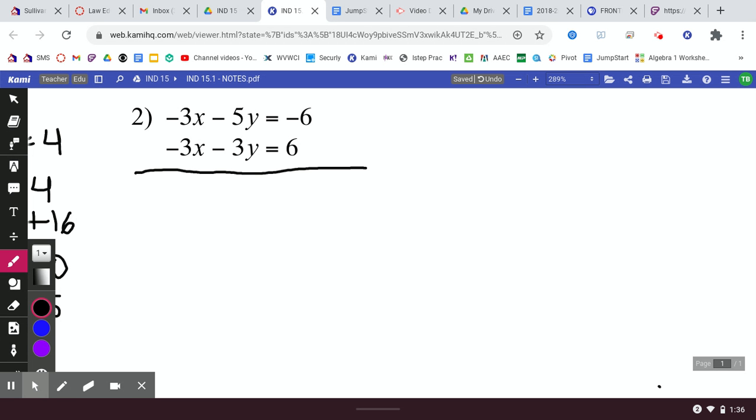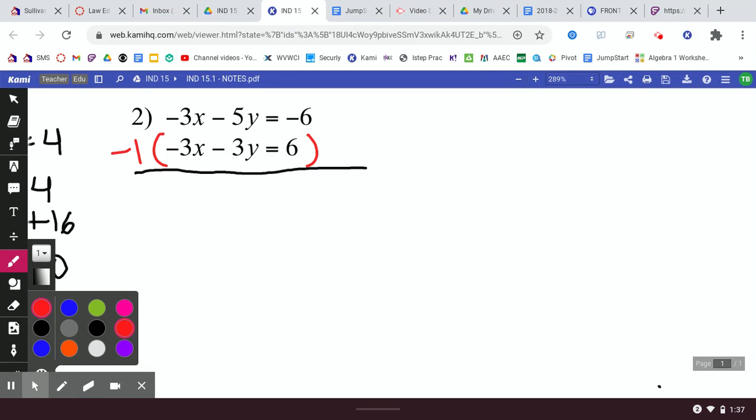But since the constant in front of the x is the same, if I force my bottom one to be a positive 3x, would my x's eliminate? They would, right? I'd have a negative 3x and a positive 3x. What could I multiply negative 3x by to make it positive? Negative 1. The rule in math is if I do it to 1, I do it to all 3.